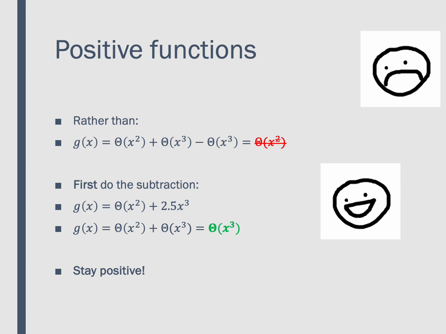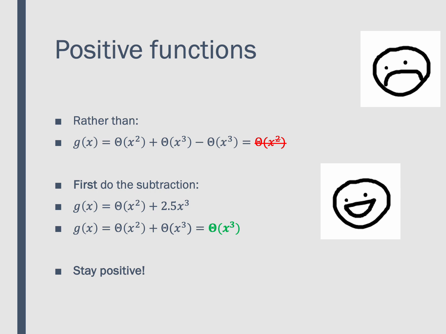Now, since x cube dominates x square as x grows, we combine the terms into the tightest bound, which is g(x) equal to theta(x cube). This result reflects the actual growth of g(x) and avoids the mistake of underestimating this behavior.